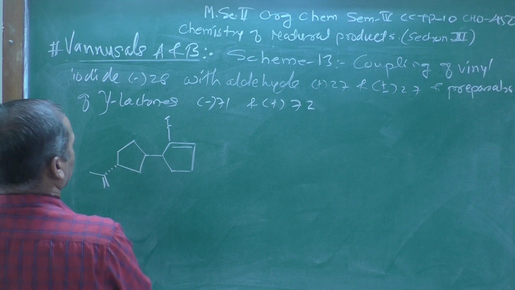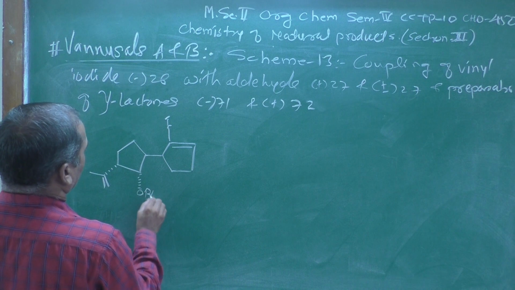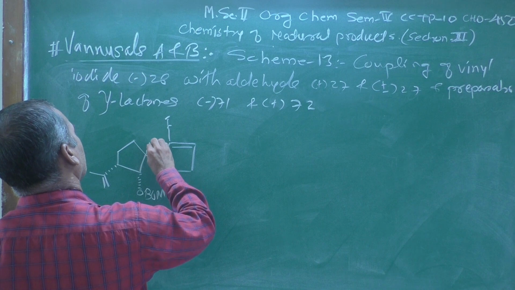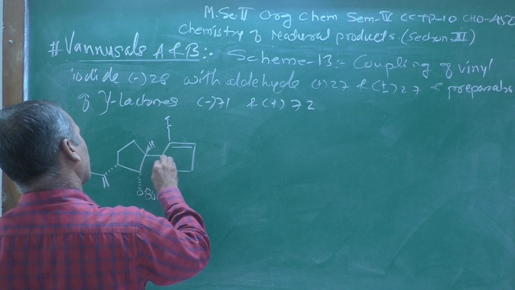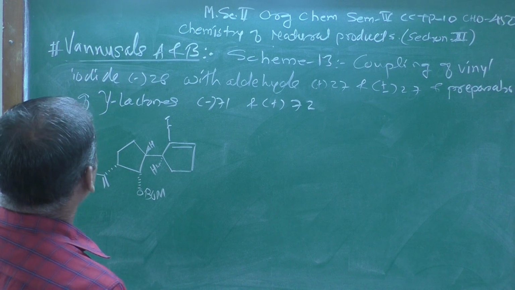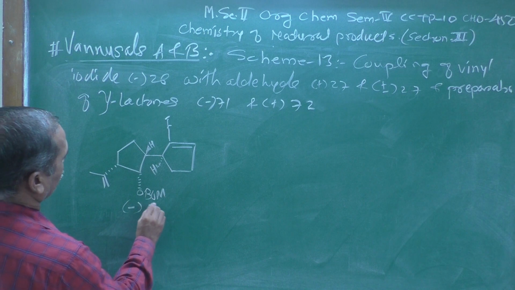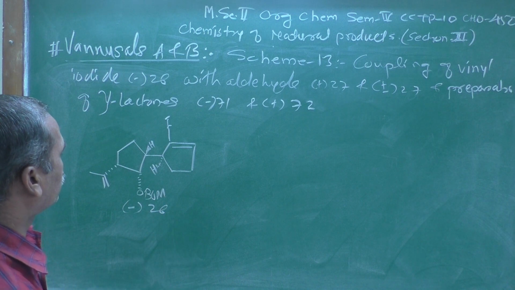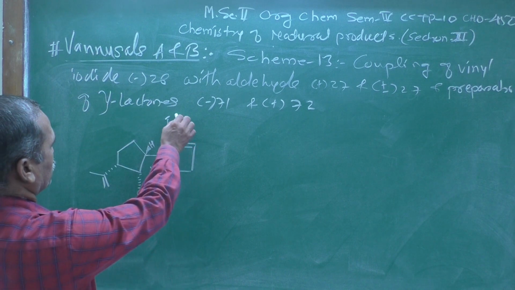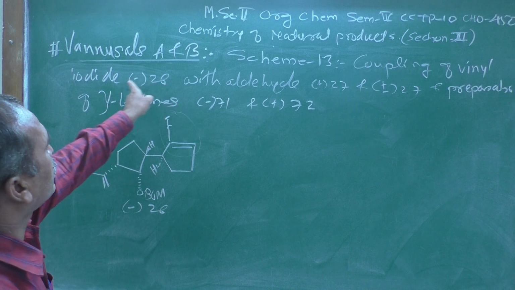Here this is an isopropyl group and this is a hydroxyl group which is protected by a benzyl group, and here is a hydrogen atom above the plane, and this is a hydrogen atom below the plane, and this is the structure of -26. Observe this structure carefully. Vinyl iodide means this part, the part which is known as the vinyl iodide.